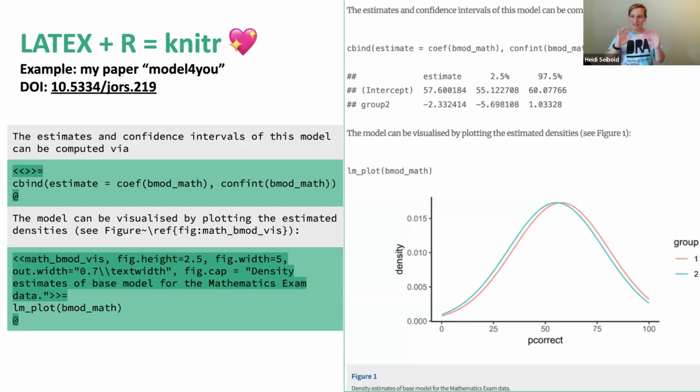I can forget about that tedious process because there are tools that let me combine the two. And, I'm sorry, my examples are for R users because that's what I am, but there are similar things. For example, if you use Quarto, you can use that with Python as well, and Julia.